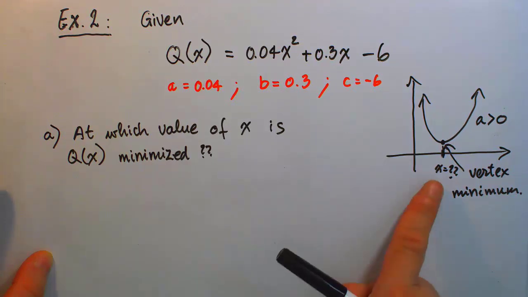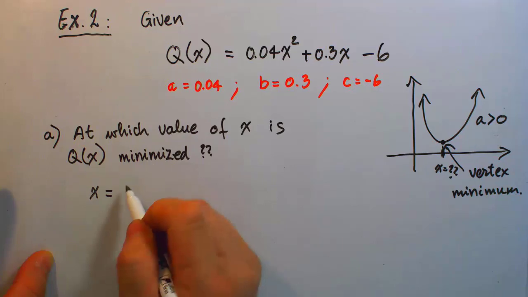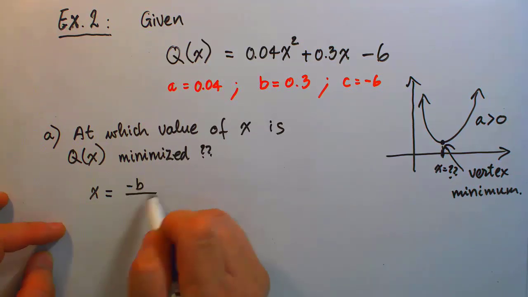And so to find the x value of the vertex, once again, all we do is set up that formula: x equals minus b over 2a.